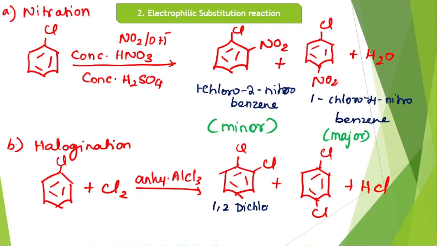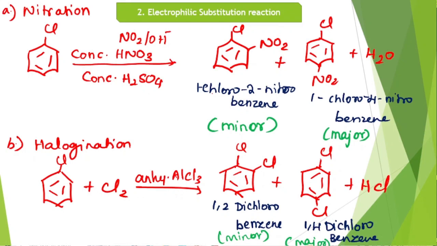So what is the major product here and what is the minor product? The major product is again where Cl is attached in the fourth position, and the second position is going to be the minor product. Clear? This is your major product as it is and this is your minor product. Clear?